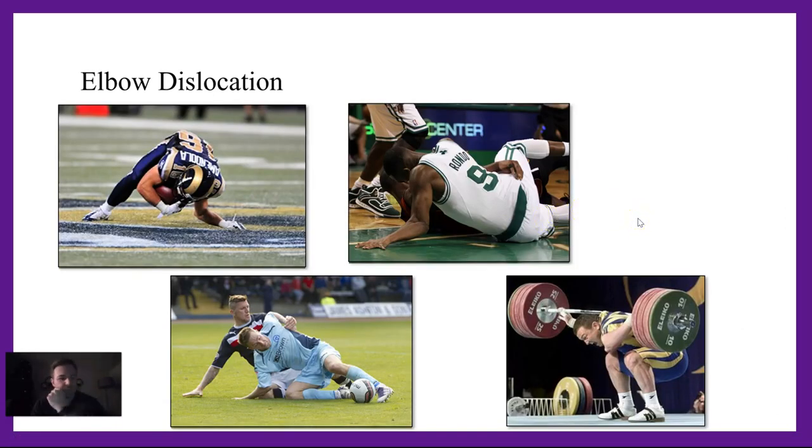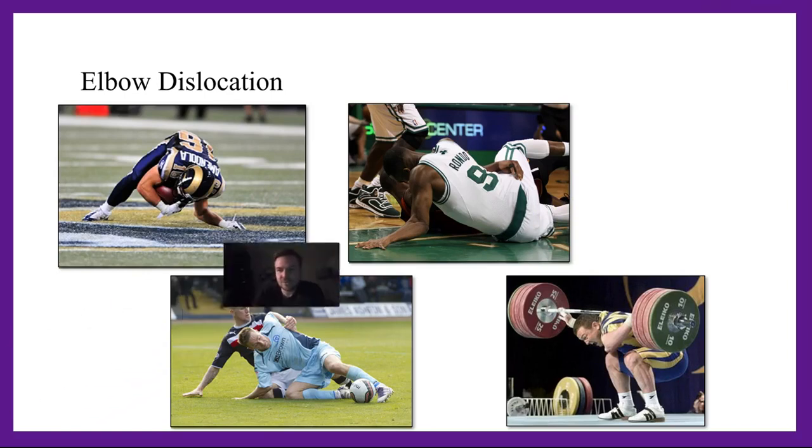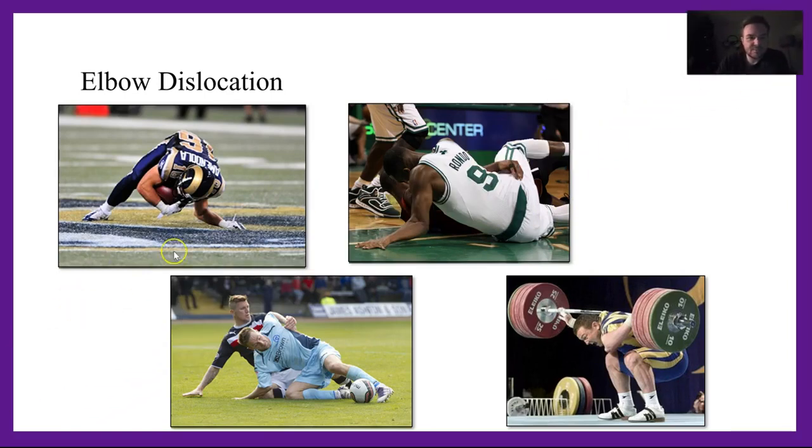All right, so here are some pictures, unfortunately, of some individuals who have sustained elbow dislocations. A football player, basketball player, soccer player, you can see that here, and of course an Olympic weightlifter. These are all really terrible images.